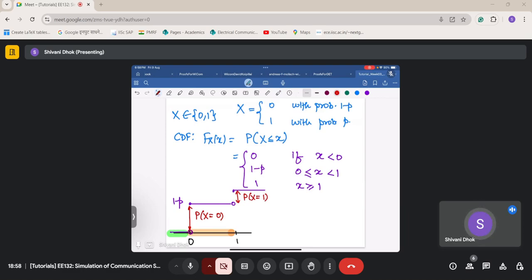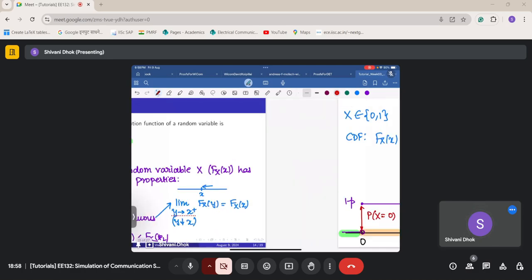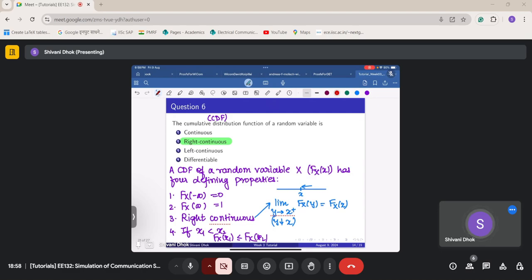They may or may not be left continuous. There are conditions when the CDF is continuous completely, but they have to be right continuous. So therefore, this right continuity is the defining property of CDFs, and that's why this is the correct option.